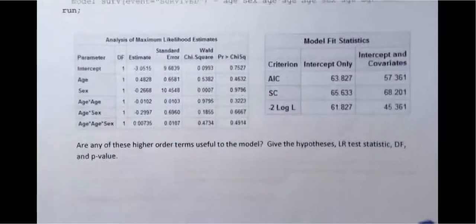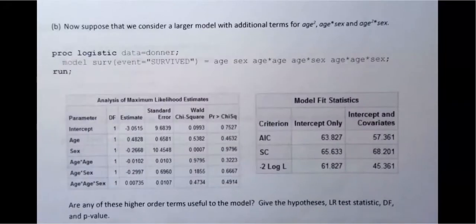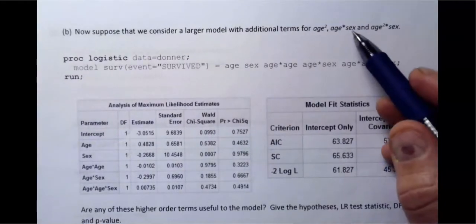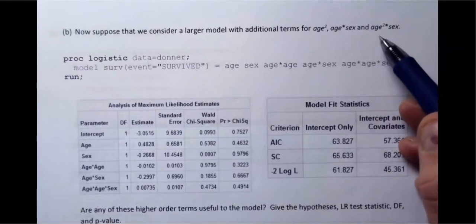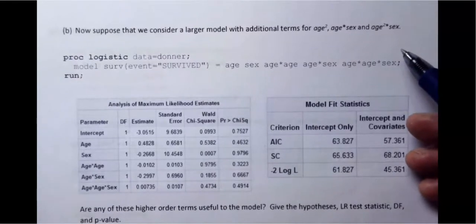Now let's take this a step further. Suppose now we want to consider a larger model. Let's throw in some age squared, an interaction term, age by sex, and let's also throw in age squared by sex. Why not? Okay, we only have 45 observations, but let's go ahead and throw all these terms in the model.